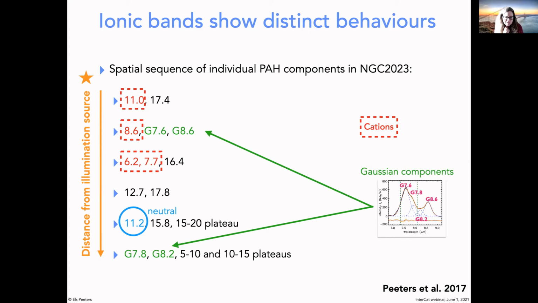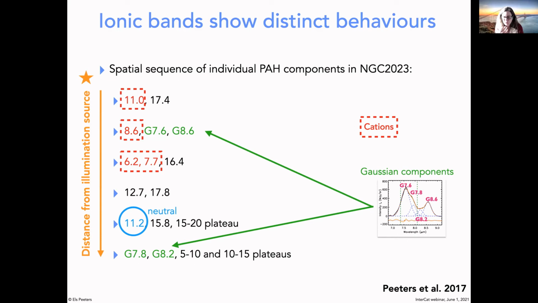And then you can see in red color, in the dashed boxes, that we have the ionic bands, and as we already saw in the previous slide, they actually behave differently. Their morphology is different and they peak at different distances from the star.